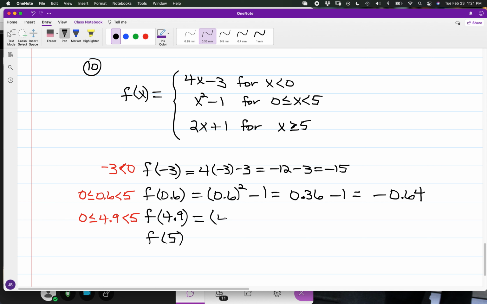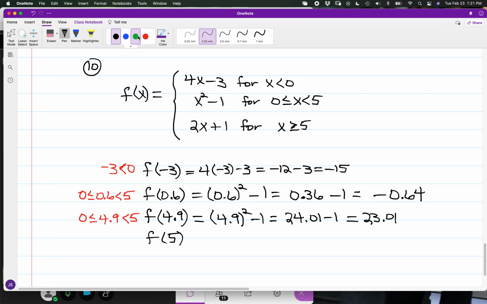So here we're going to have 4.9 squared minus 1, and the square of 4.9, or 4.9 times itself, is going to be 24.01 minus 1. So for the output, this will come out to 23.01.